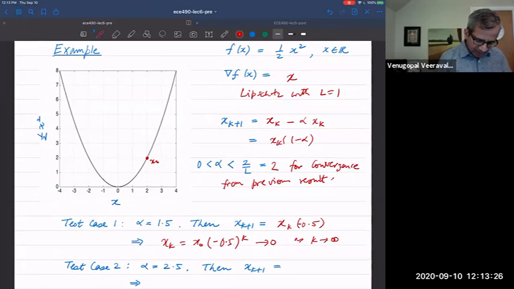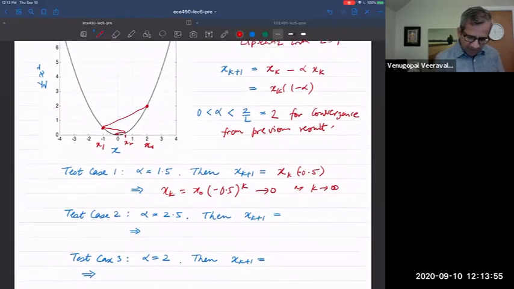I should have written this as x0 here, and this is x1. From there, I'll go to plus 0.5, which will be x2, and so on. So you're quickly converging to 0. You may oscillate a little bit, but you're converging to 0, which is the minimum.